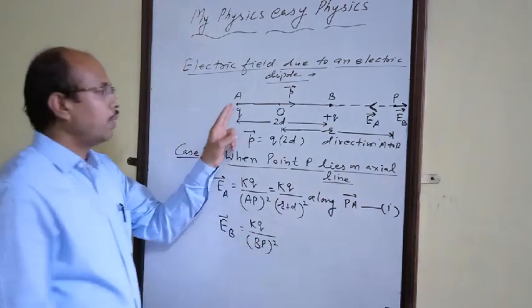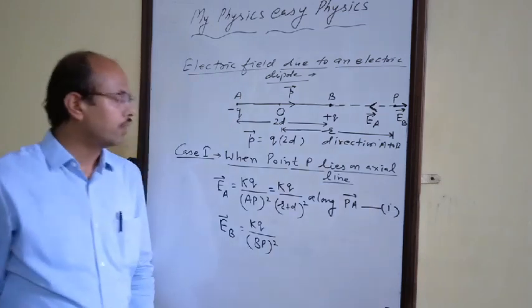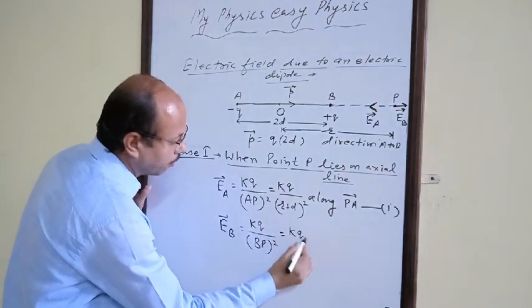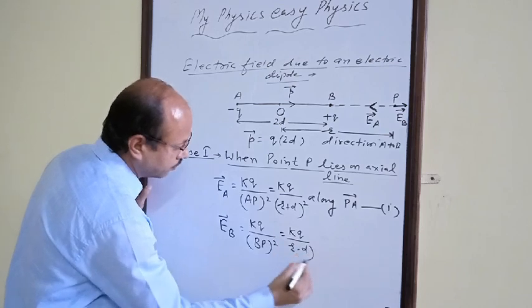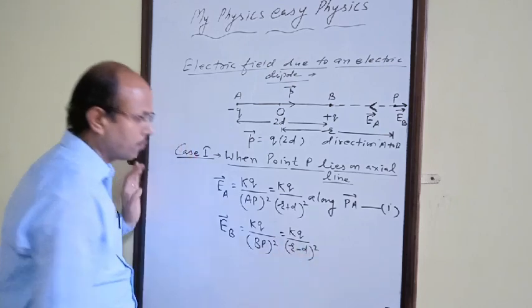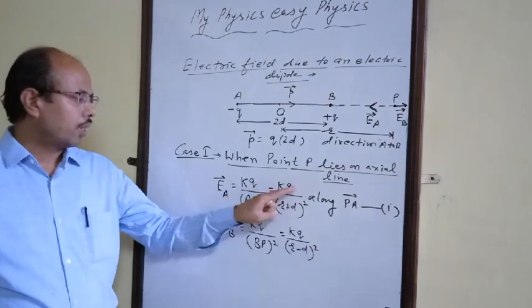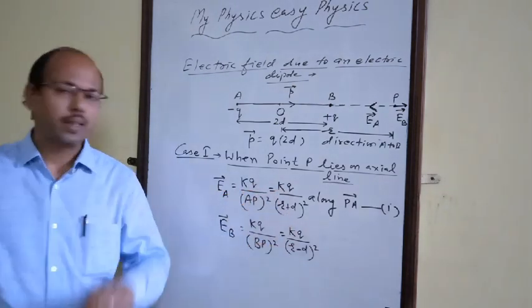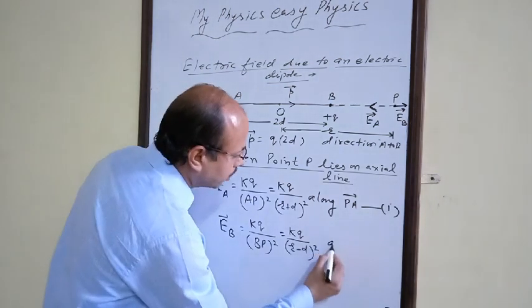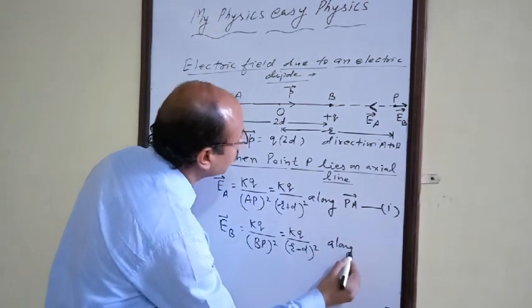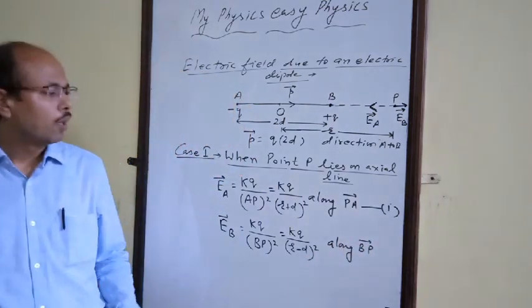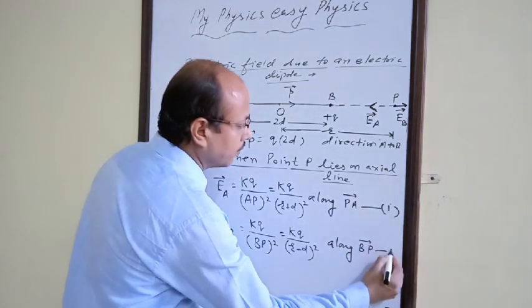And now since AP can be written as R plus D, similarly this BP can be written as R minus D. EA is KQ by (R plus D) square, EB is KQ by (R minus D) square, and the direction is along BP. It means both are oppositely directed.